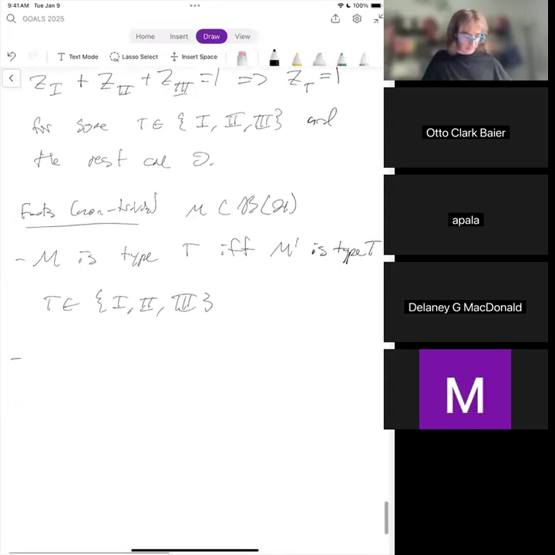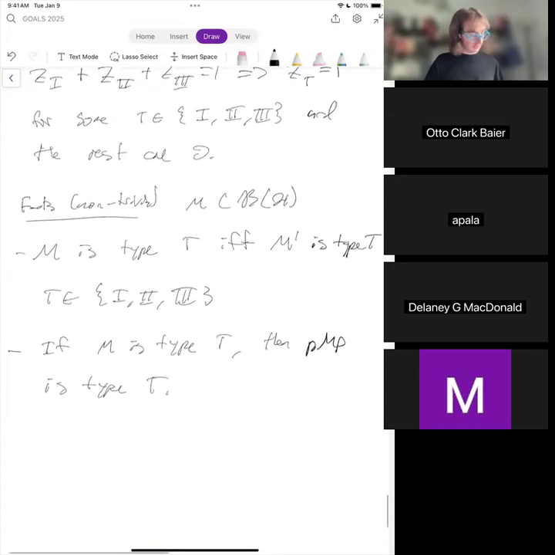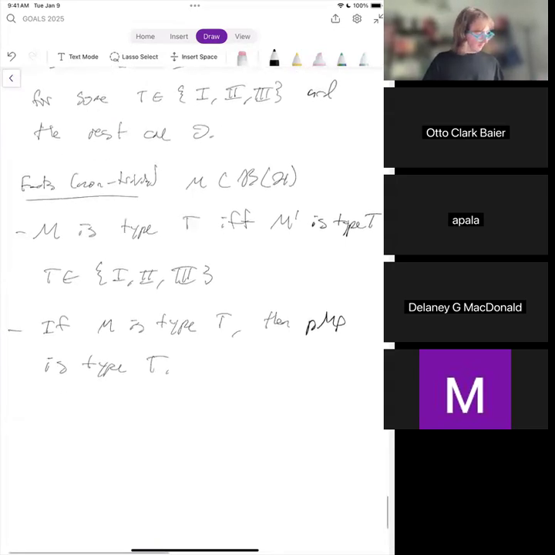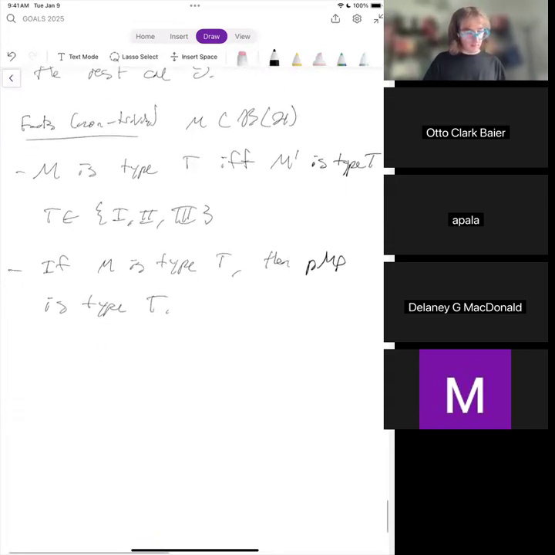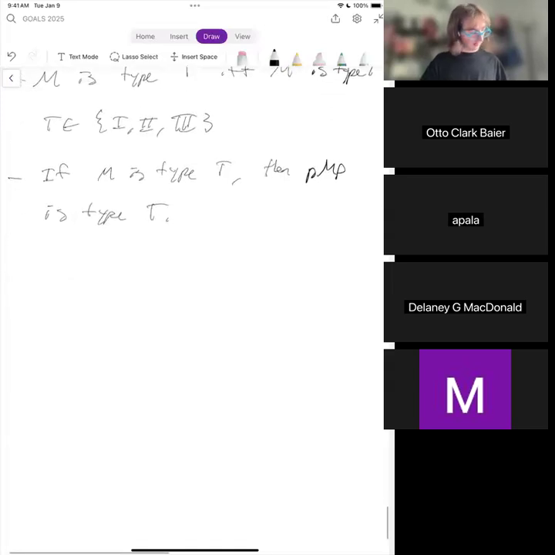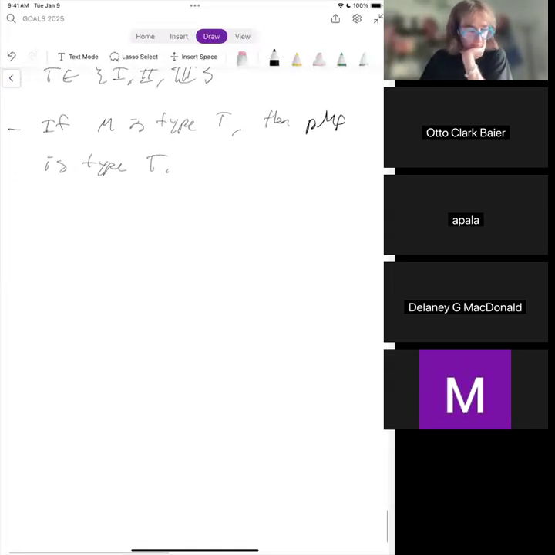And then compression preserves type as well. Okay. All right. Skipping lots of proofs and still there's so much more to say.